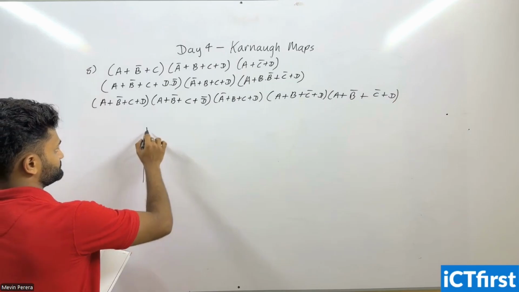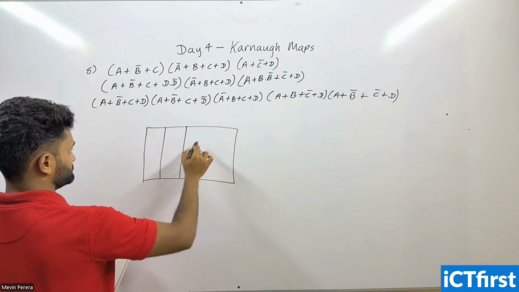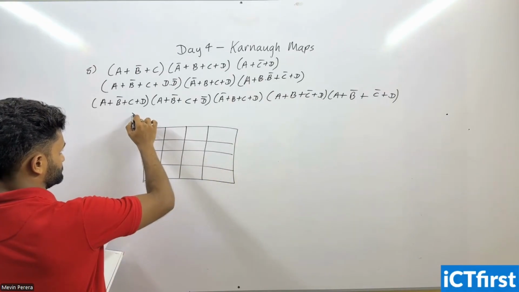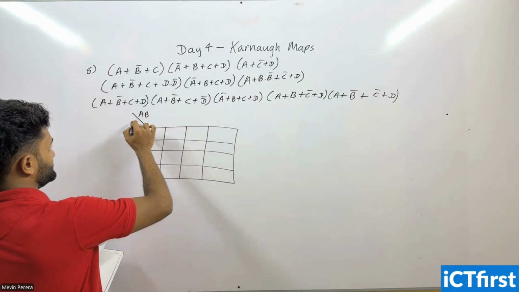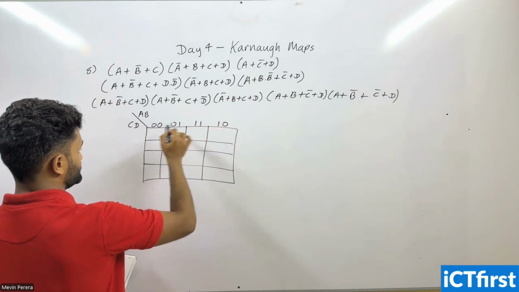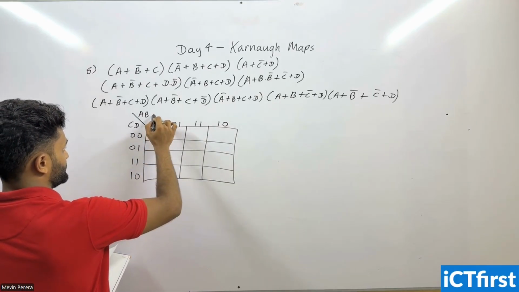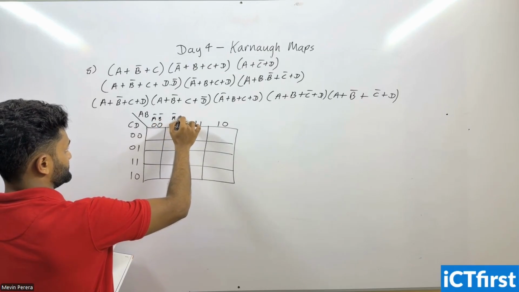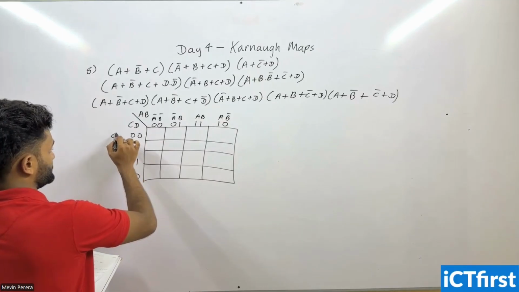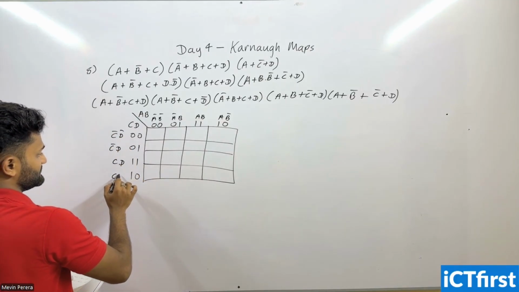Okay, so A B C D, 0 0 0 1 1 1 1 0, 0 0 0 1 1 1 1 0, A bar B bar, A bar B, A B bar, C bar D bar, C bar D, C D, C D bar.